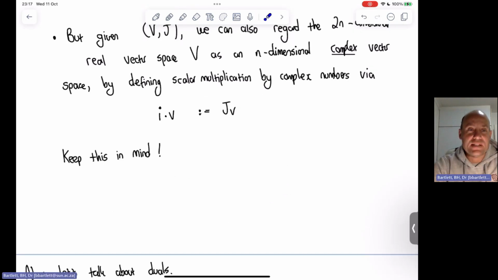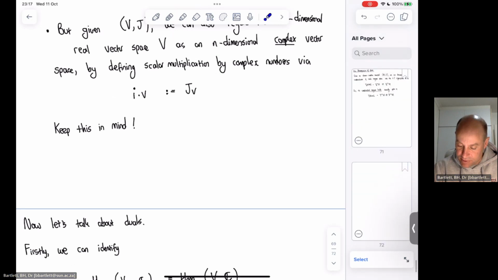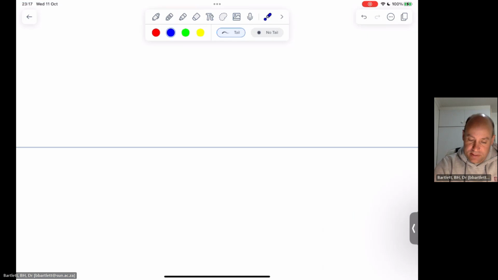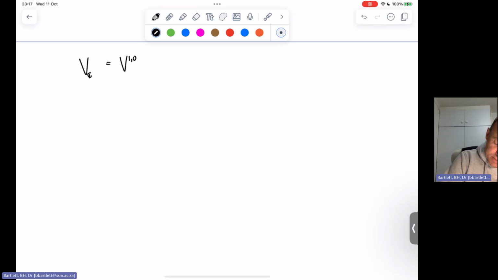Now, let us do some more linear algebra here. Right now I've started with this V and I've decomposed the complexification of V into the (1,0) eigenspace and the (0,1) eigenspace.